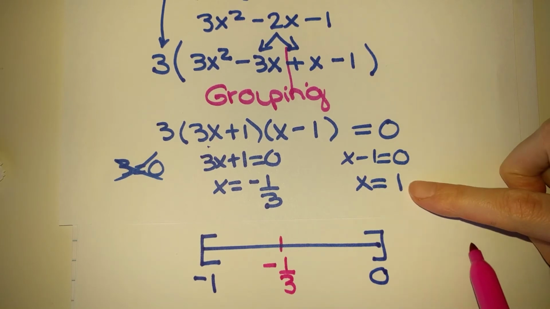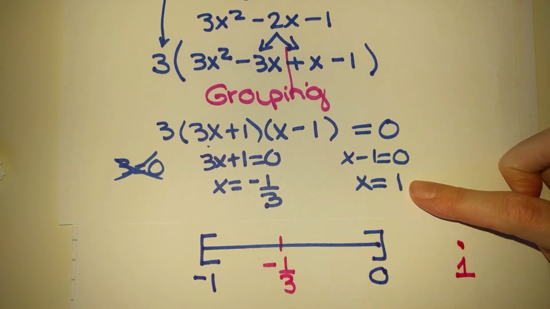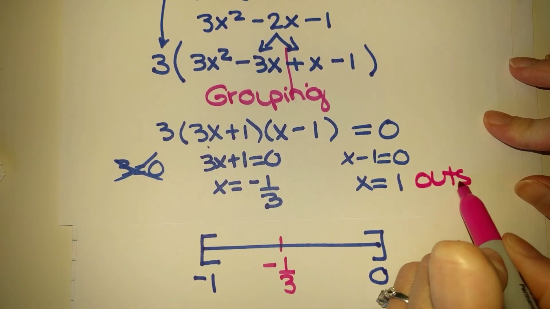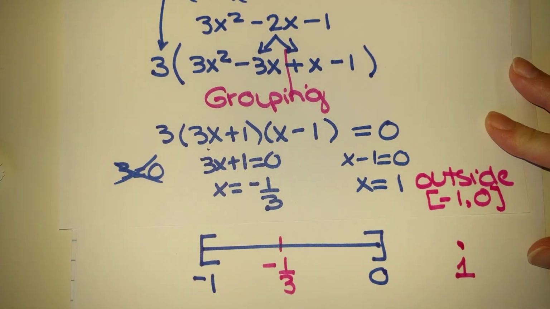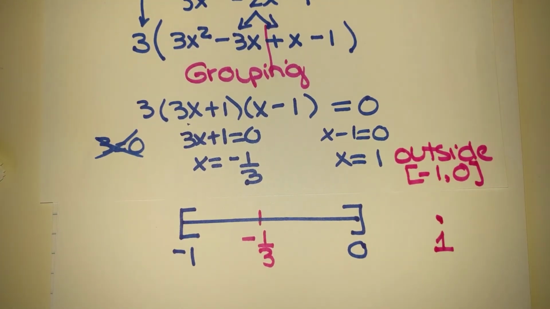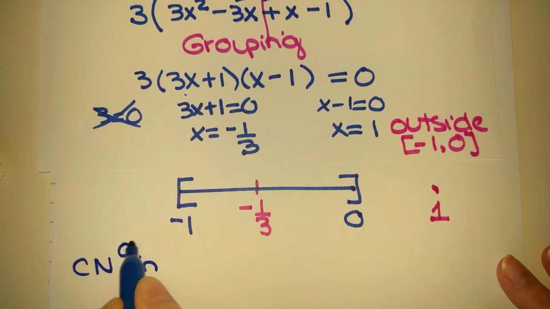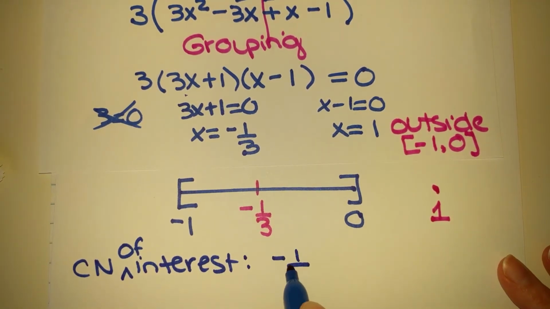But this x is equal to 1 is way over here outside of that interval of interest. So yes, x is equal to 1 is a critical number, but it's outside of the interval, and so we are not going to consider it when we plug into the original function. So the only critical number of interest is equal to -1/3.